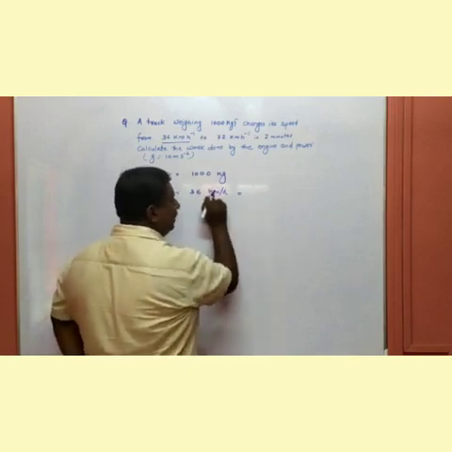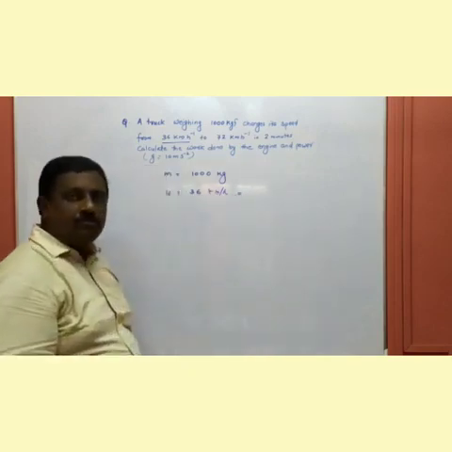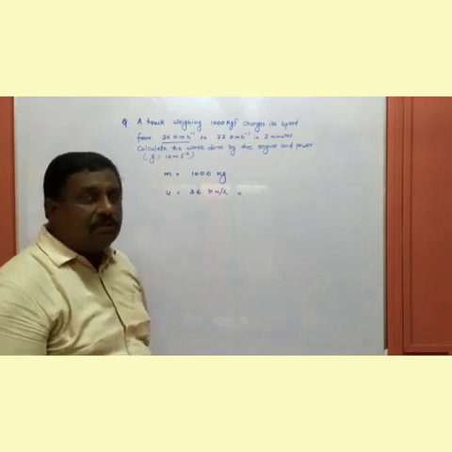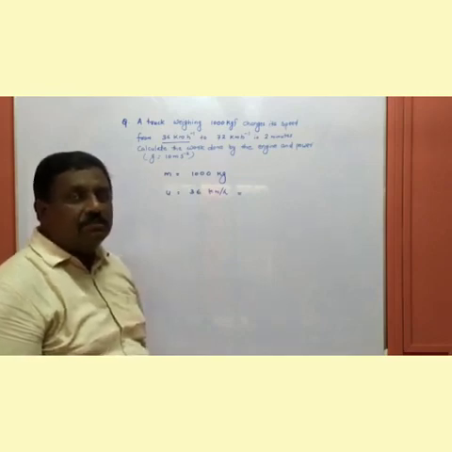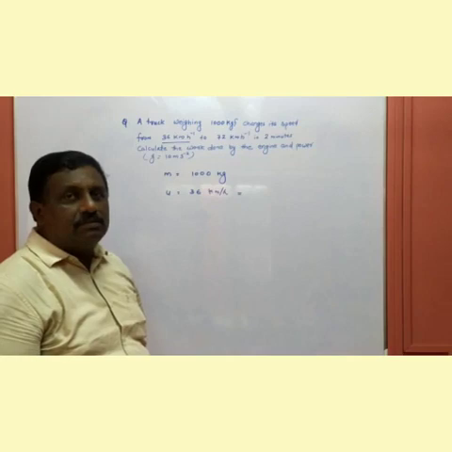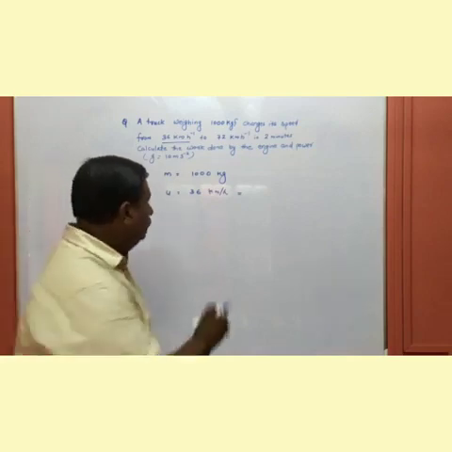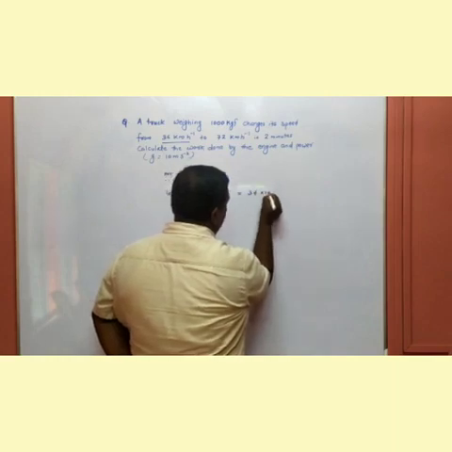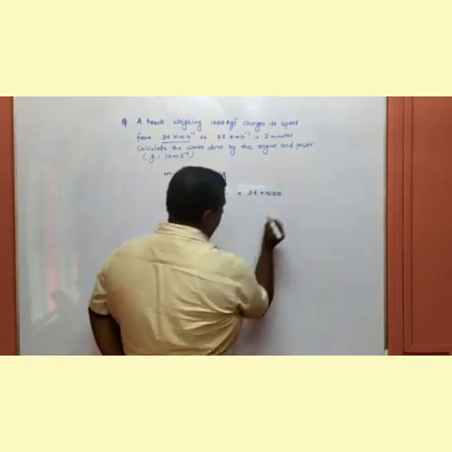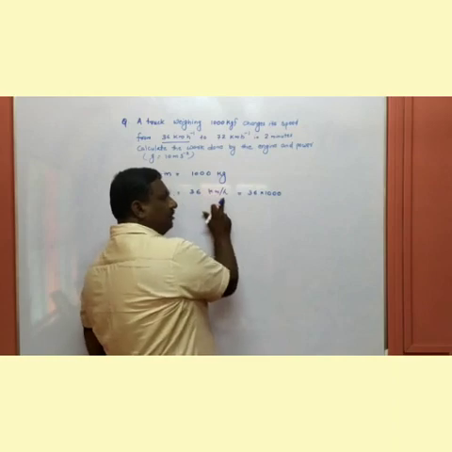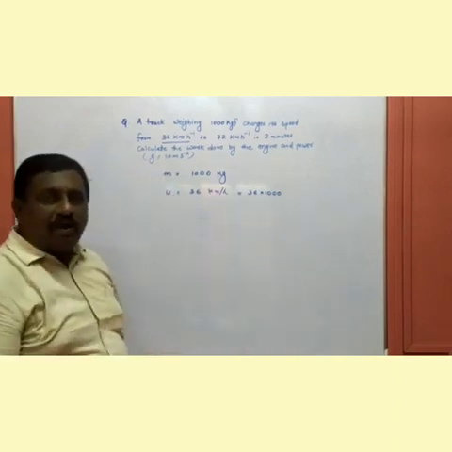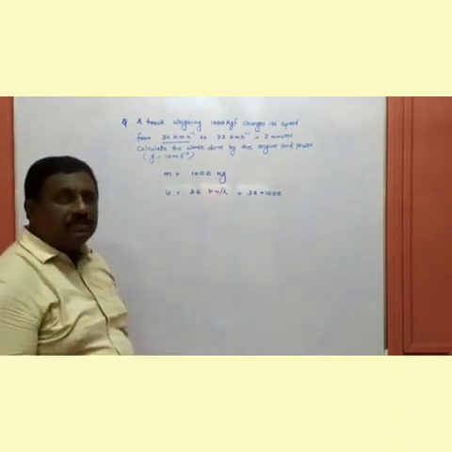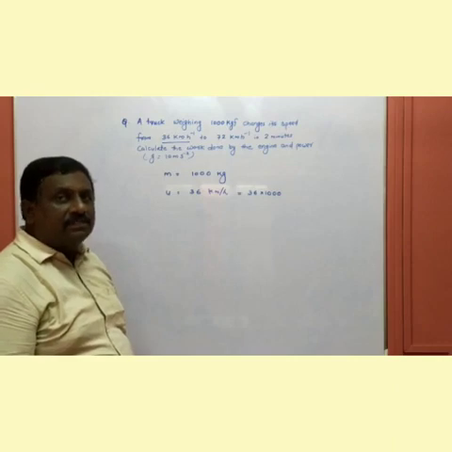36 kilometer per hour. 1 kilometer means 1000 meter. So here I will write 36 into 1000. Can you follow me? By hour. 1 hour means 3600 seconds.